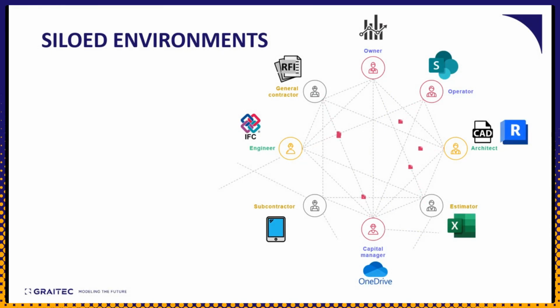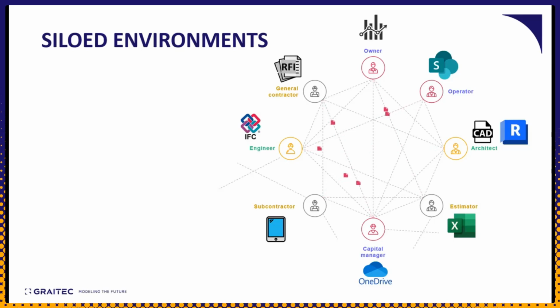Today's construction projects generate data from dozens of sources. CAD files, Revit models from design teams and engineers, RFIs from the field, photos from inspections, schedules from project management, and specifications from multiple consultants, not to mention all the administrative documents and contracts.